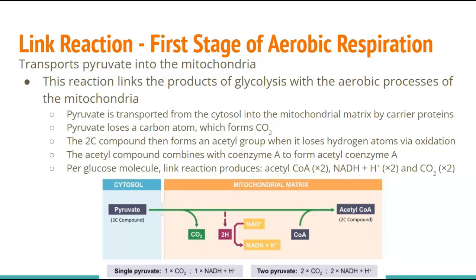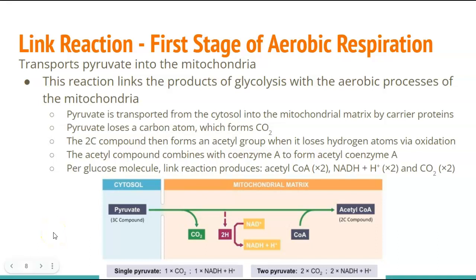It got broken down into 2 pyruvates, 3C each, and then we just lost a carbon to form CO2, so now we're down to 2 carbons. That 2 carbon compound forms an acetyl group where it loses a hydrogen atom. And when that hydrogen atom gets lost, it takes NAD plus and turns it into NADH. Our taxi is back, picking up another passenger.